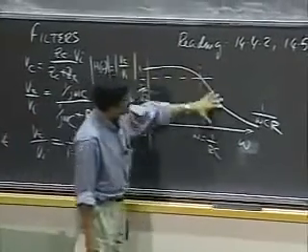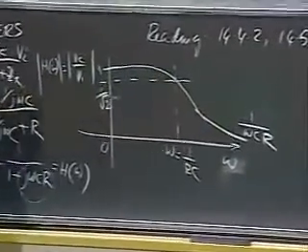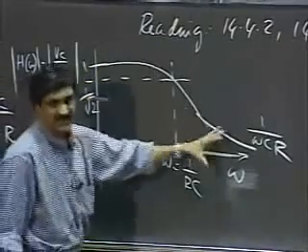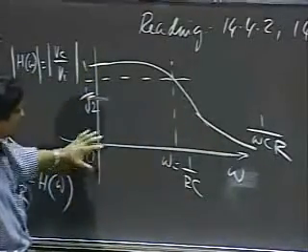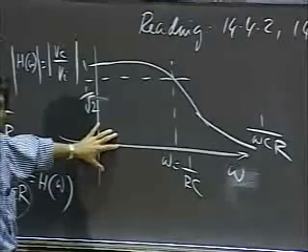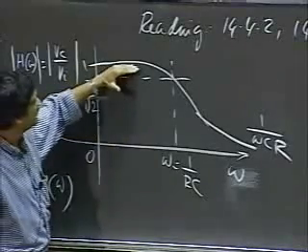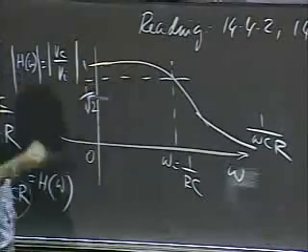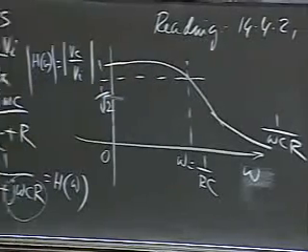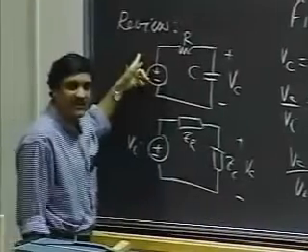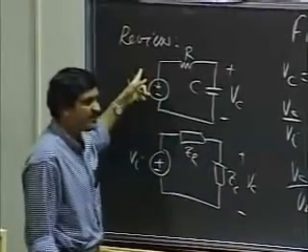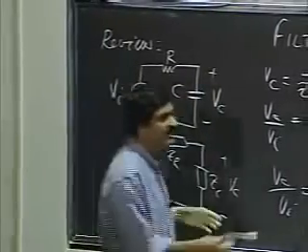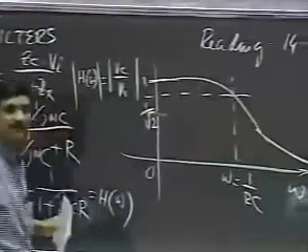If you look at the form of this, I'd like you to stare at it for a few minutes and try to understand what this represents. For very low frequencies, the response is virtually the same as the input in amplitude. If I apply a very low frequency sinusoid of some amplitude, the output amplitude is going to be the same as that amplitude. That's a 1.